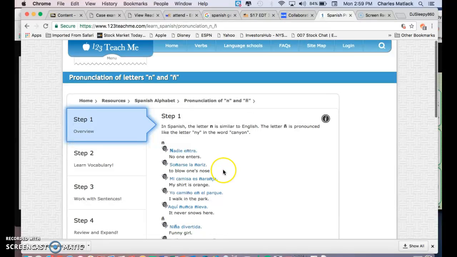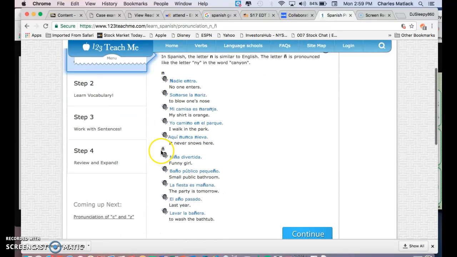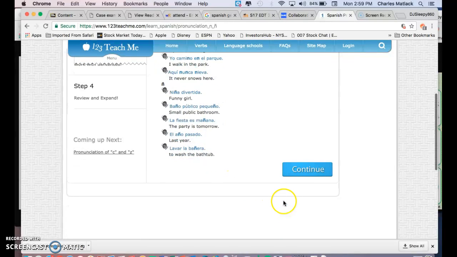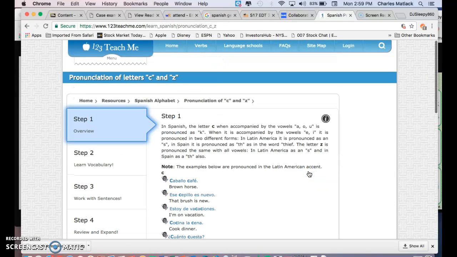Sonarse la nariz. Now we go to our ñ. We have niña divertida. Baño público pequeño. La fiesta es mañana. So again, we learn how that N and that ñ are different.